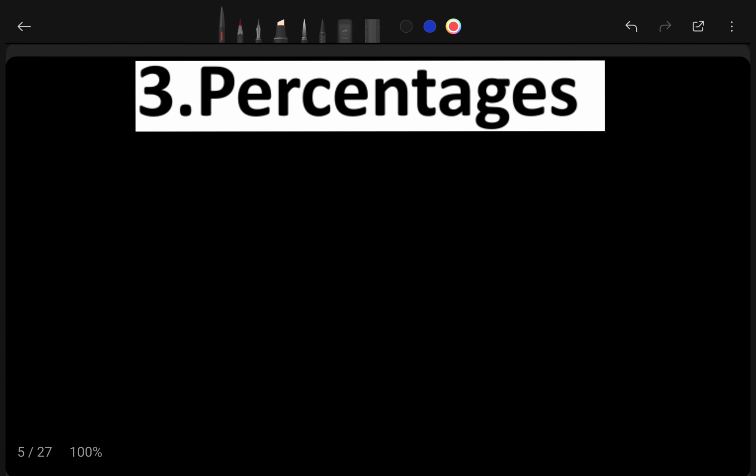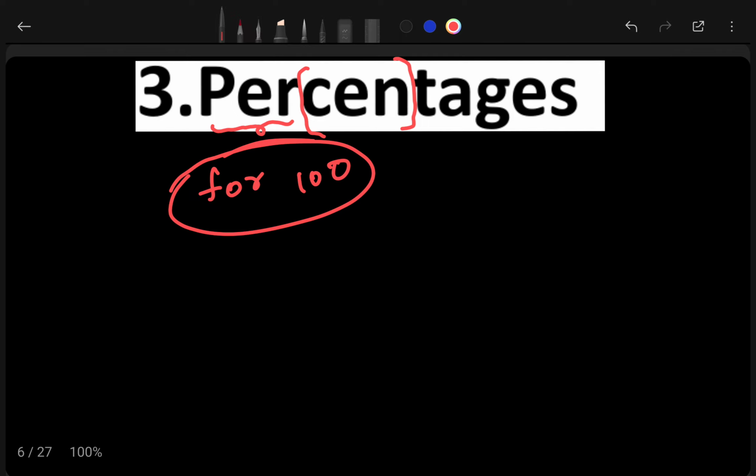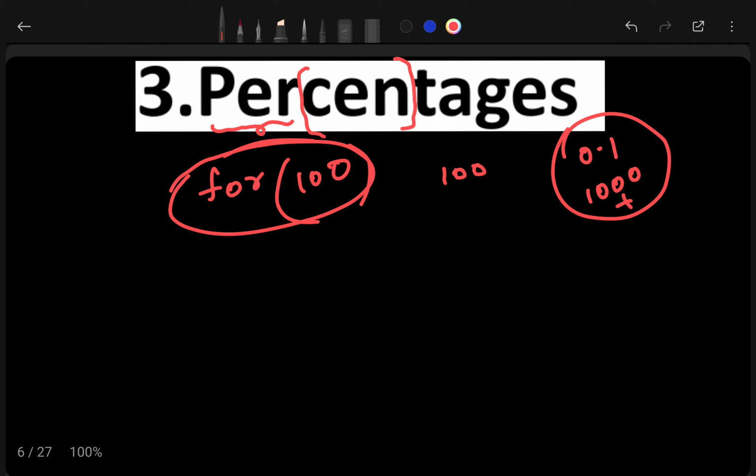Percentage. As the term suggests, percent means per cent. Per means for, cent means 100. Simple. Anything in percentage is calculated for 100. You may give 0.1 as a value, or you may give 1000 as a value, but we will every time calculate for 100.